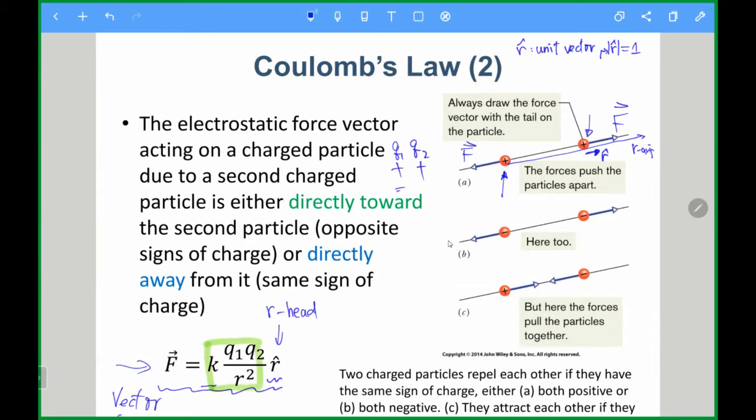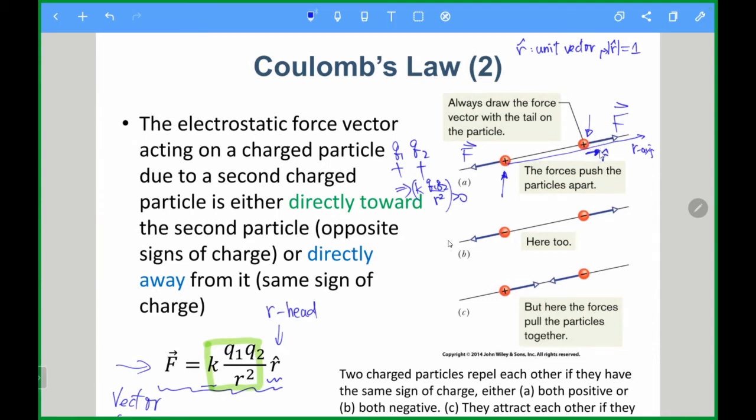It leads to k times q1 q2 over r squared being positive, which means that the direction of F should be the same as R hat. F may be longer or shorter, depending on how large the force is, but F and R hat have the same direction.